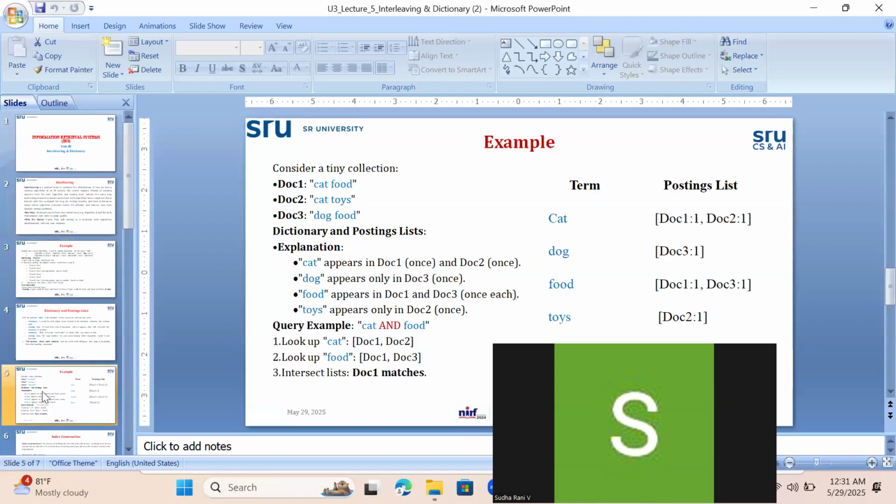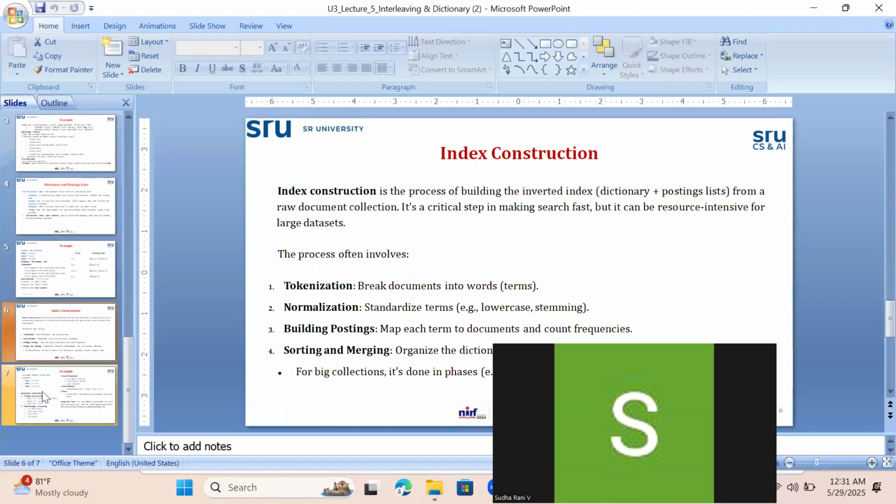Dictionary and posting in intersection. Next, index construction. Index construction is the process of building the inverted index. It is a dictionary plus posting list from a raw document collection. It is a critical step in making search fast, but it can be resource intensive for large data sets.